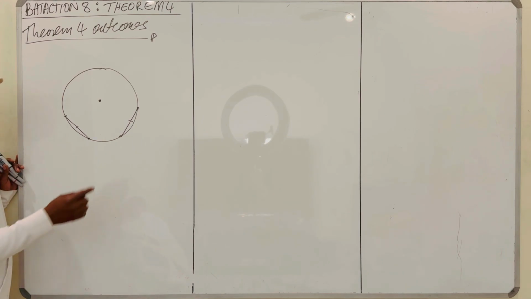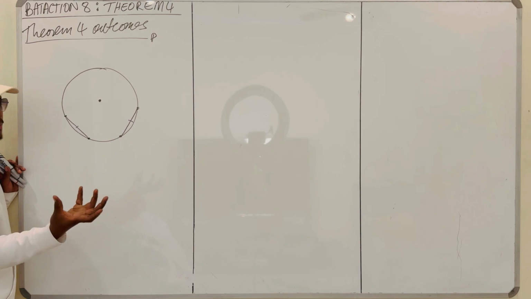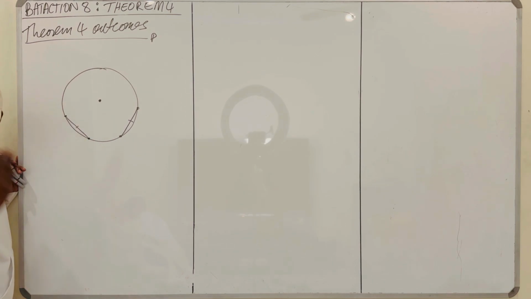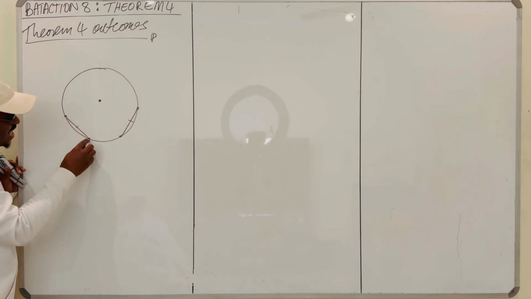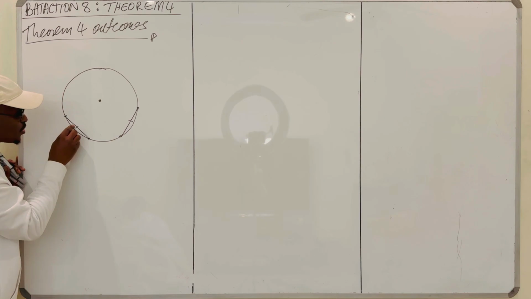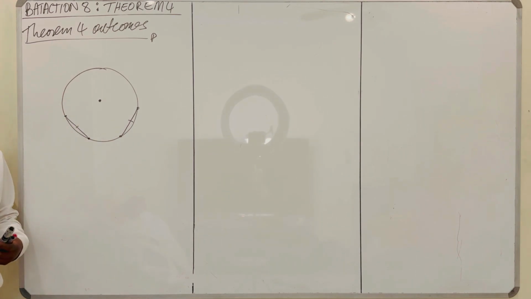I'm saying to you, if these chords are congruent, which is they are identical, they are equal, they cut this circle exactly the same way. Yes. Which means the major segment of this chord here will be equal to the major segment of that, but they will have different orientations. Do you agree? Mm-hmm.